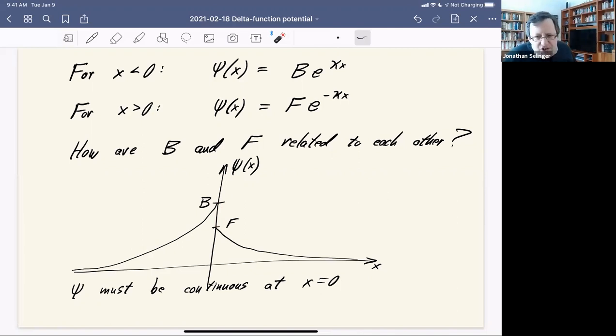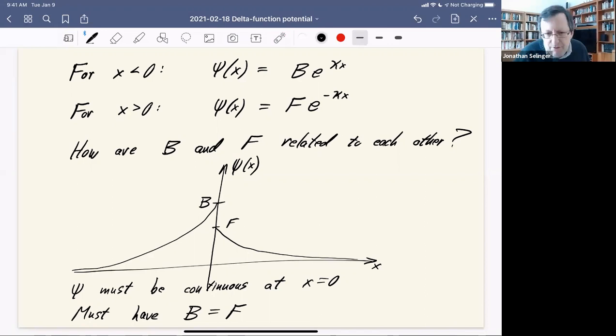In fact, it involves the second derivative of psi. And the only way that that's even meaningful is if psi is a continuous function everywhere. Okay? And so for that reason, we must have b equals f.